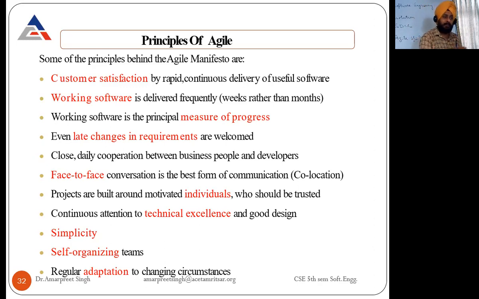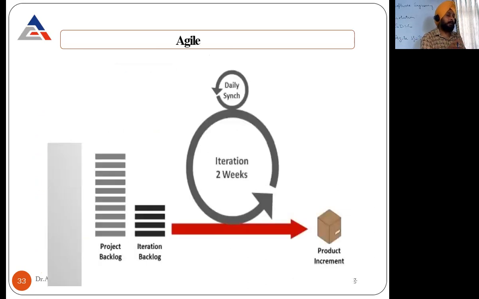Continuous attention is given to excellence, so that your product should be excellent, technically very fulfilled, and should have a very good design. And simple, very simple to use. The team structure has self-organizing teams, and regular adaptation to changing circumstances is incorporated. So this is the major thing.